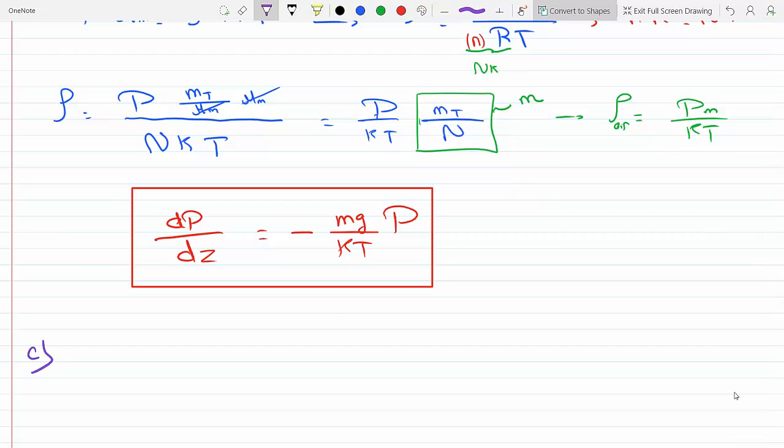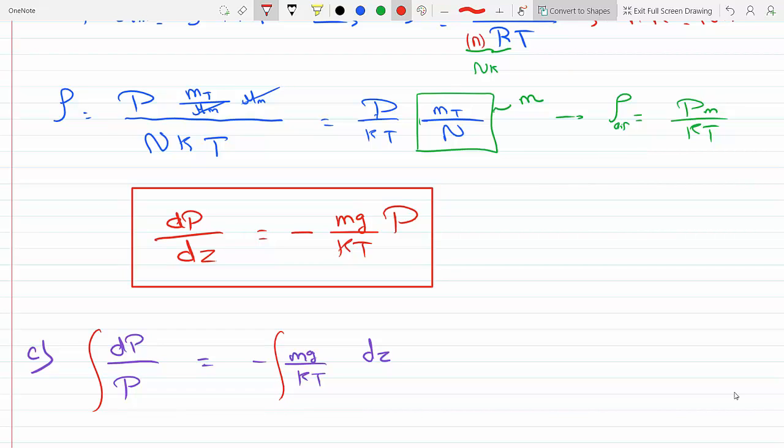Let me do it here. So I could divide both sides by P, so dP over P, and multiply dz on the right hand side, so this would be minus mg over kT dz, and now I could integrate both sides.